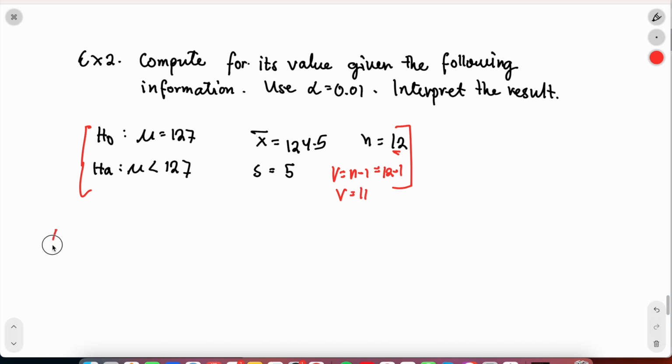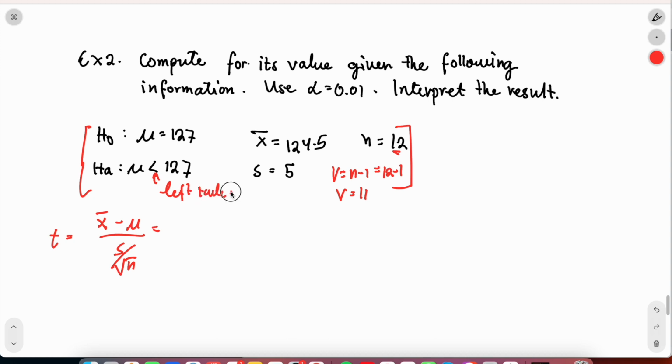So the t distribution looks like this: x bar minus mu over s over square root of n. So this is a one-tailed test, and it is left-tailed, since this is the less than value.